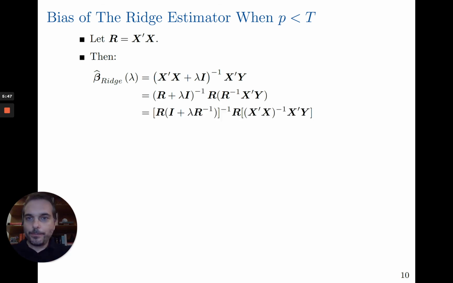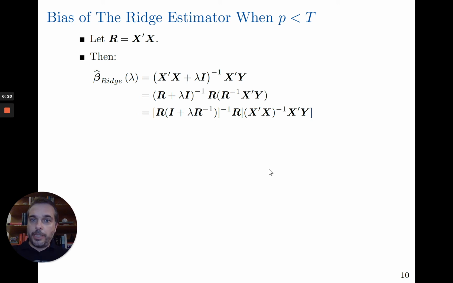Okay, now what I'm going to do is take this R here and put it in evidence, so R times (identity plus lambda R inverse), inverse of everything.